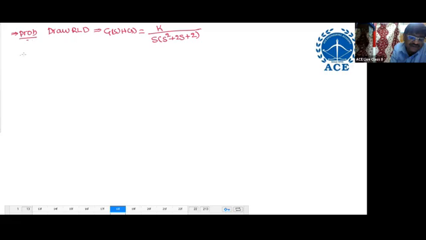Come on, do it. First, identify the real axis root locus branches and breakpoint. One pole at origin, K equals 0, and there are complex poles, minus 1 plus or minus j1, I think.